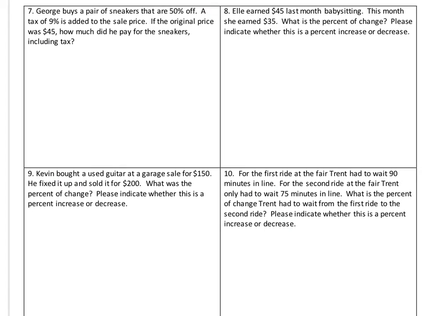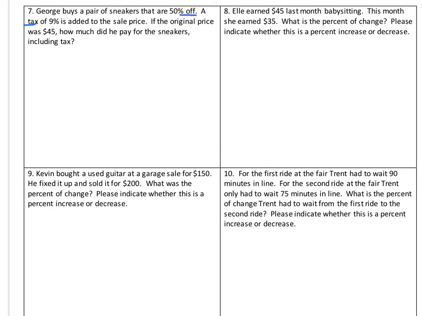All right. George buys a pair of sneakers that are 15% off, and tax of 9% is added to the sale price. So I have percent off discount, tax is added, and the original price was $45. How much did he pay for the sneakers, including tax?